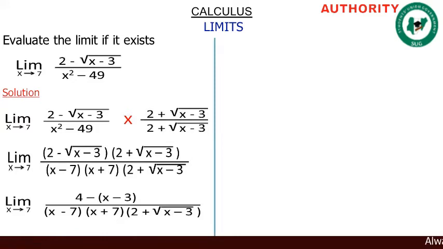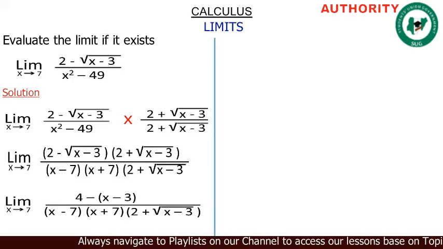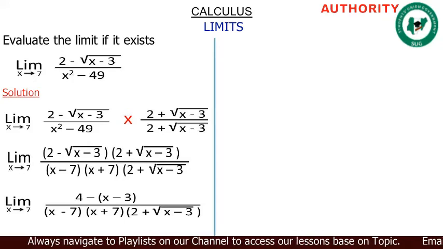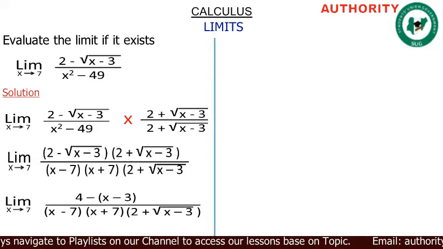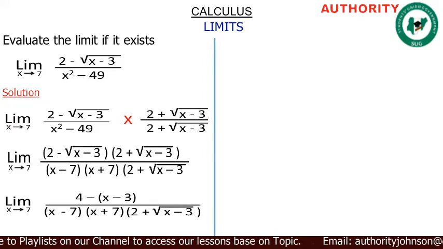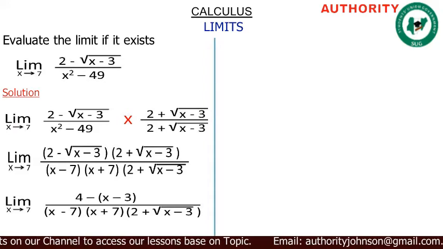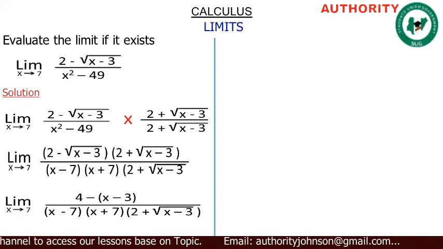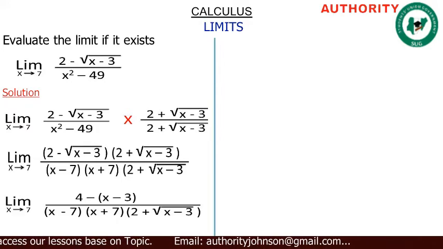We have lim as x approaches 7, 4 minus x minus 3. This x minus 3 is in bracket, so we are going to open this bracket. We have 4, then minus times x gives you minus x, and minus times minus 3 gives you plus 3.